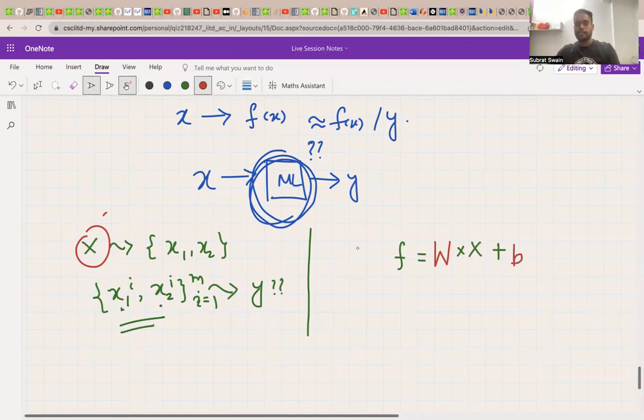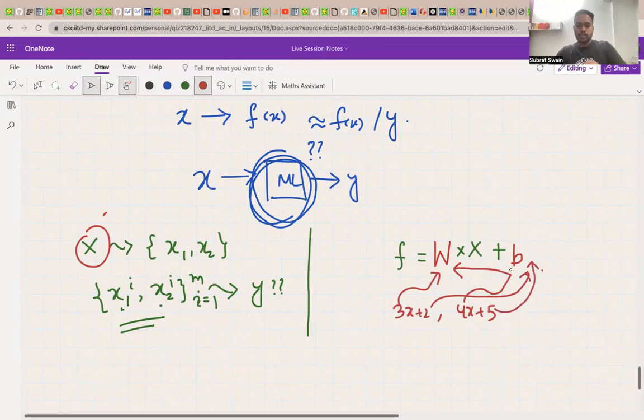Examples of this kind of function are 3x plus 2 and 4x plus 5. Here w is 3 and b is 2, and here w is 4 and b is 5.